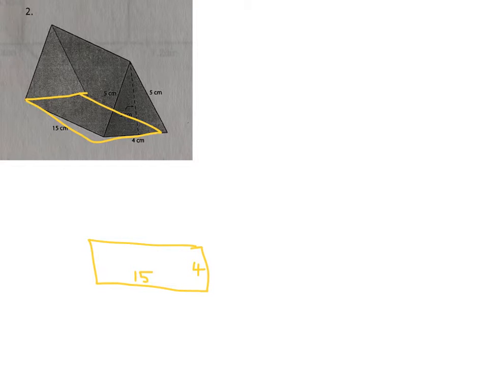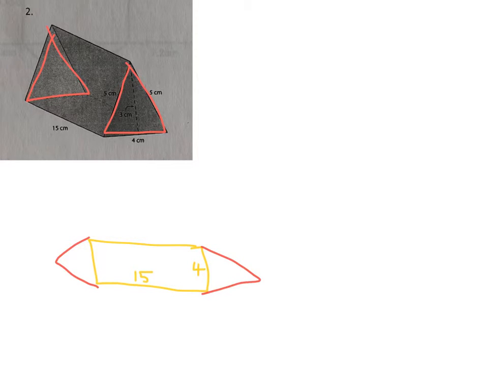Okay, and then I drop down the front and the back shapes. So looking at this, the front shape would be a triangle, and in the back there I have a triangle as well. So secondly, I do my triangles, and I can label my dimensions. So the height on my triangles are 3, and the base, of course, is 4. Okay?